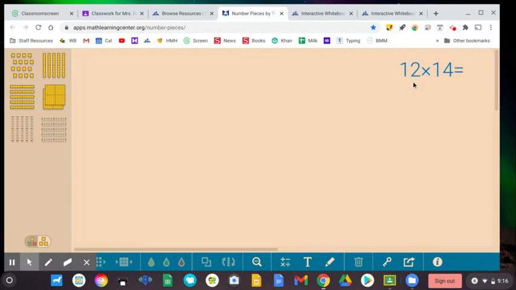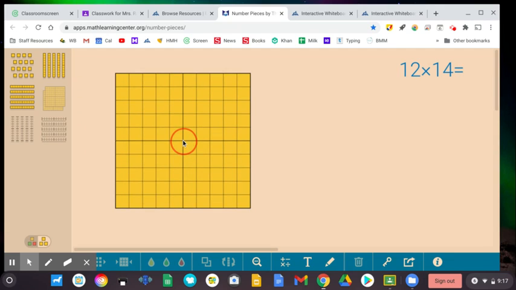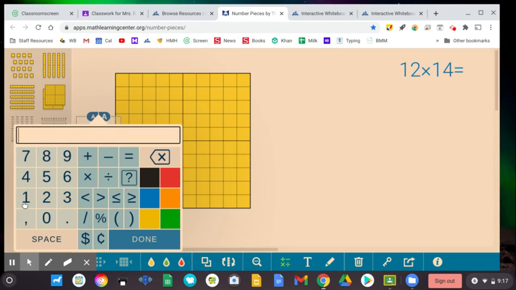Well, I can already see I have a 10 plus 2 and a 10 plus 4, so I can use one of these. If I think about how much this is, I know that this side right now is 10.